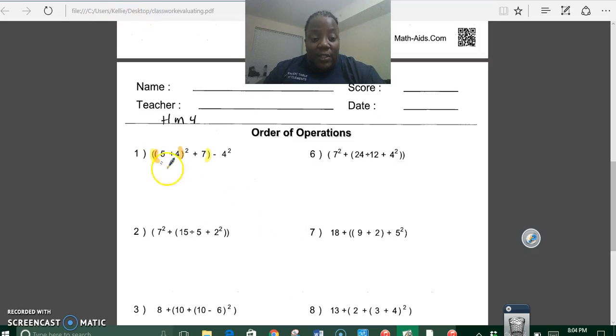All right. So the first thing I'm going to do is the inner set of parentheses. This is what we call the nested parentheses. Do this first. So I have 5 plus 4, which is 9. Now, don't forget that this exponent 2 is right here. Let me put the rules of PEMDAS over here. Remember, parentheses, then exponents, then we'll multiply or divide, whatever we see first, then add and subtract.